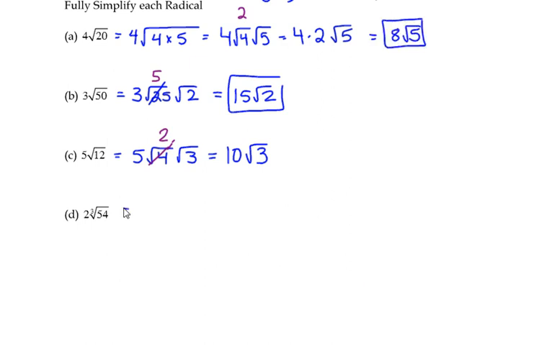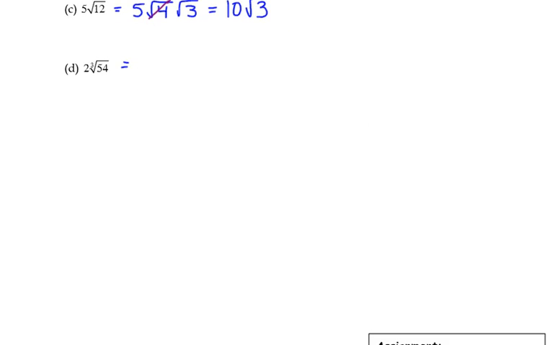So we write this as 2 times the cubic root of 27 times the cubic root of 2, because 27 times 2 is 54. One of those is a perfect cube because we divided by the perfect cube. What's the cubic root of 27? 3. So we go 2 times 3, or 6 cubic root of 2.